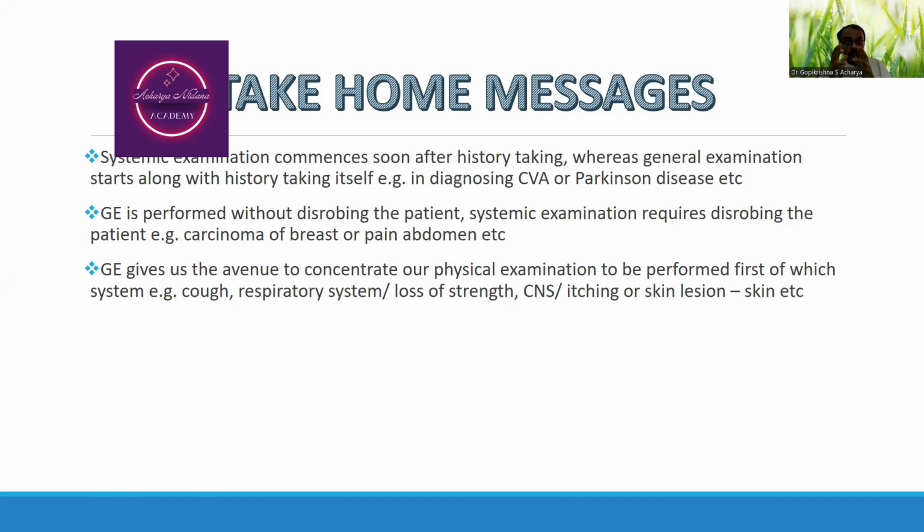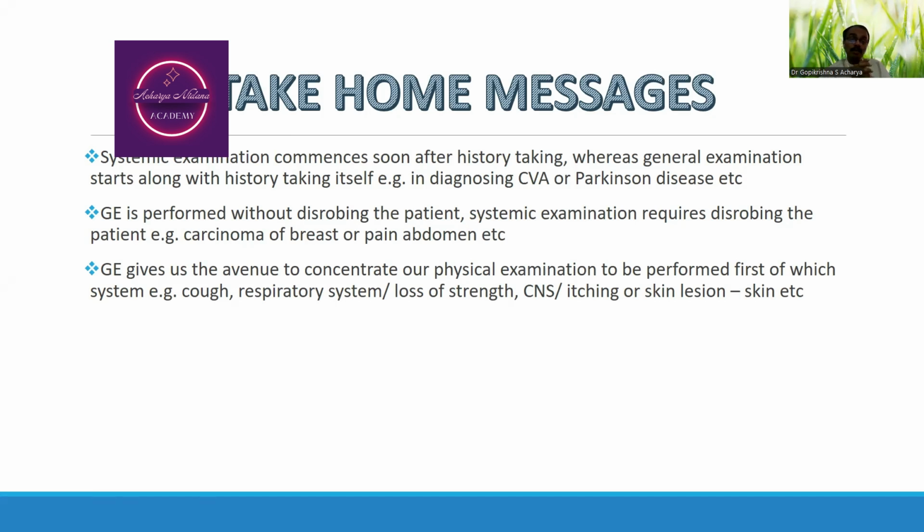So, general examination gives us the avenue to concentrate the physical examination to be performed. That is, which system's examination has to be performed first, we will be in a better position to understand.